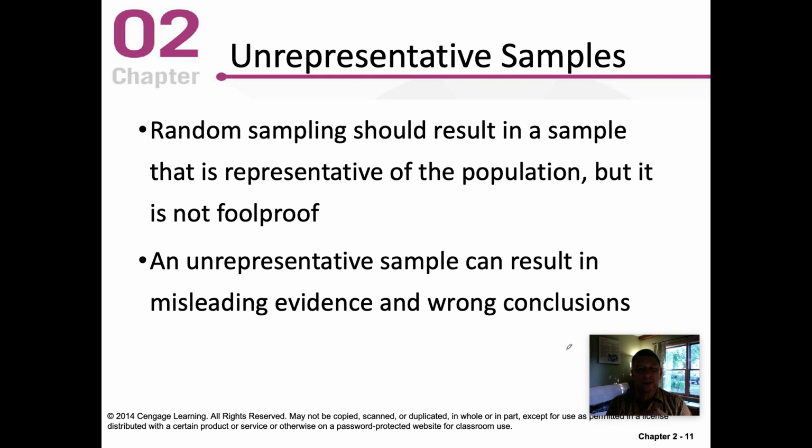An unrepresentative sample, in other words, one that, for example, included more Democrats than Republicans, can result in misleading evidence and incorrect conclusions. And so this is why the pollsters in the last election got it wrong. I don't know what the percentages of each political party are in the country.